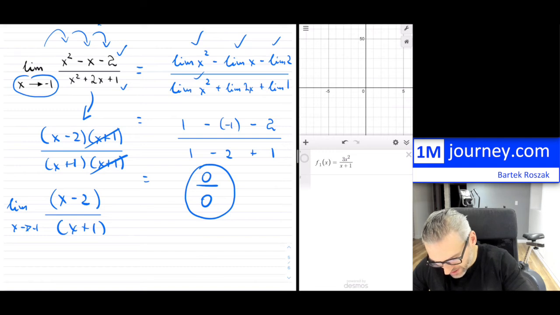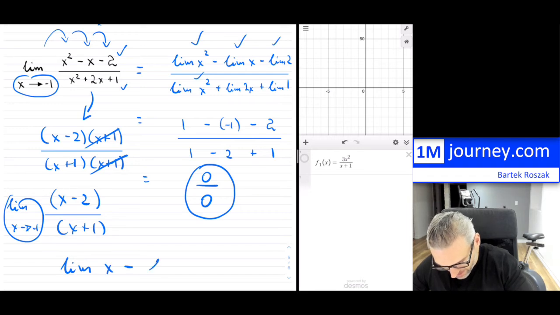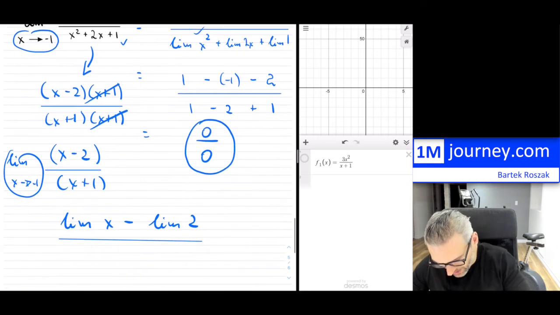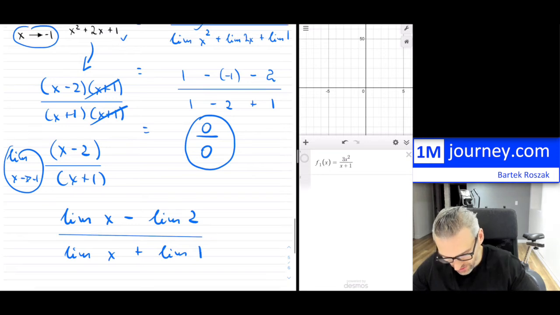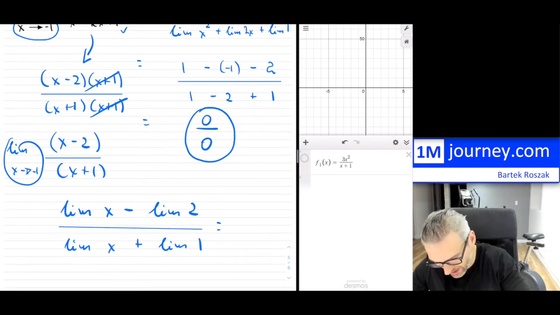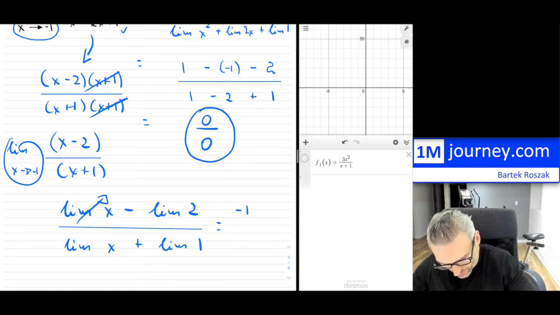Now if I take the limit and start applying the property, I'll get the limit of x minus the limit of 2, all over the limit of x plus the limit of 1. This is going to be pretty neat because now we have -1 minus 2 on top, and here -1 plus 1, which is 0.